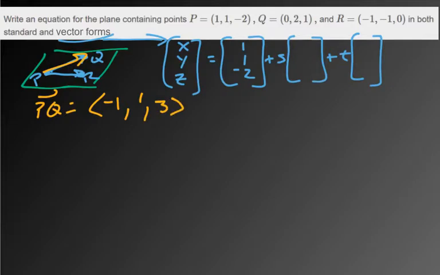And then we'll do a different color. We'll do red. So P to R, my initials. We're going to get negative 1 minus 1 is negative 2. Negative 1 minus 1 is also negative 2. And then 0 minus negative 2 is 2.